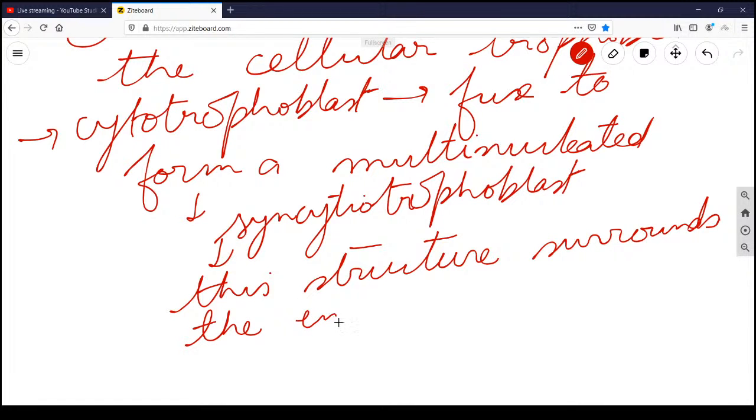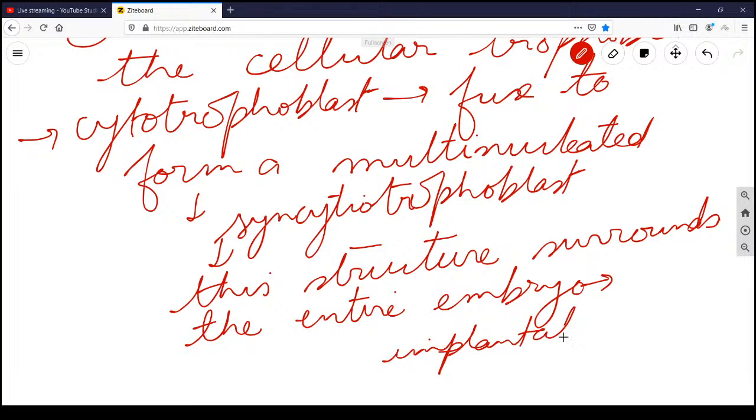It will surround the entire embryo during the process of implantation. Always remember that.